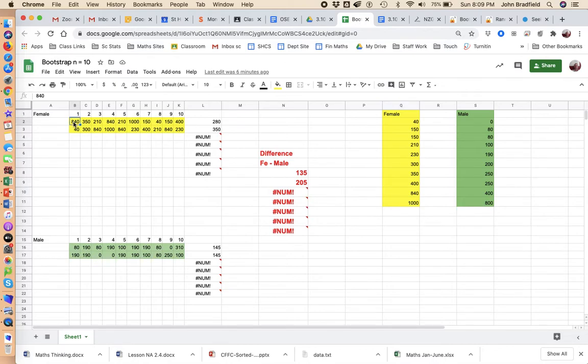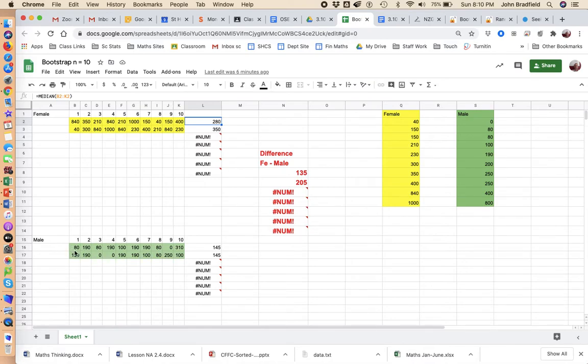You'll see that the 840 comes up twice in that woman's sample of spending, but conversely some of the numbers in the sample, like the 300, don't come up anywhere in that first sample. This cell at the end is simply the median of that sample, and it's done with resampling, so there's some repeats and some exclusions.